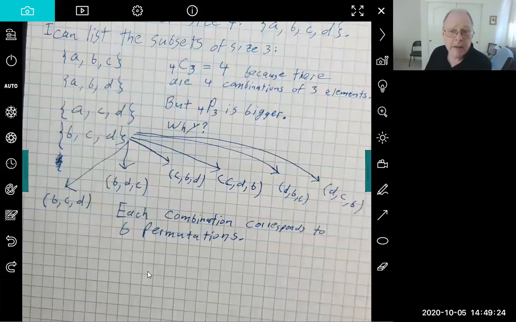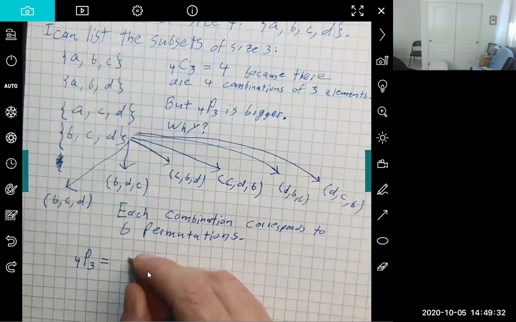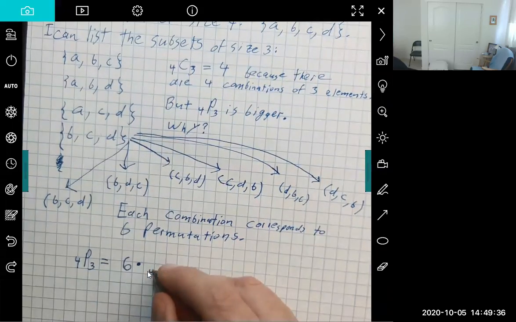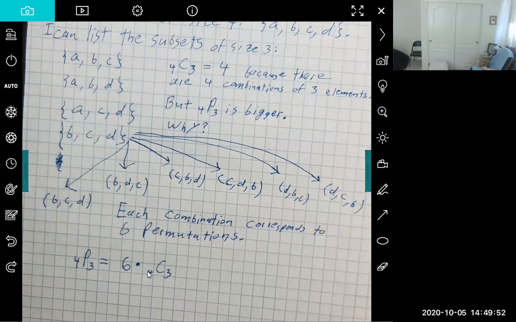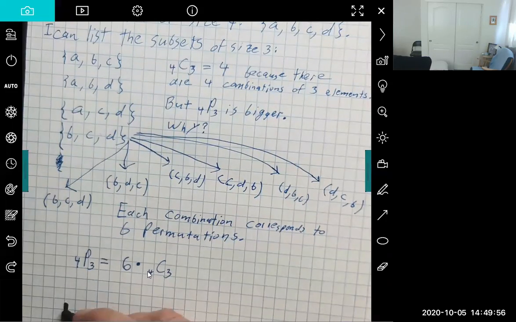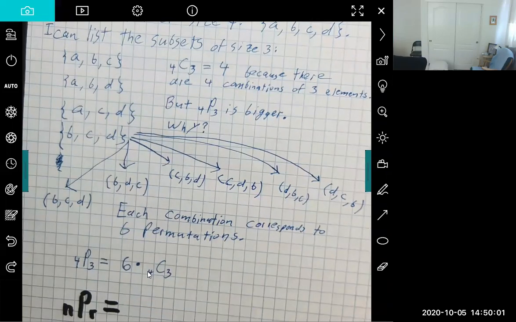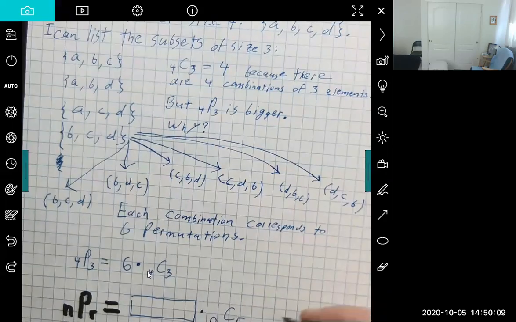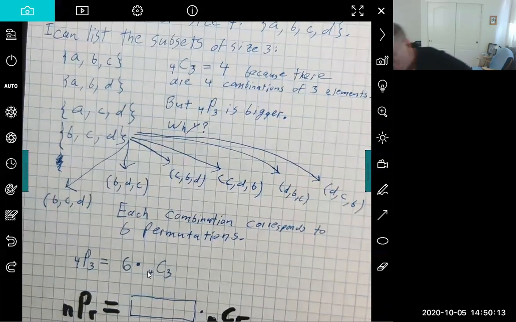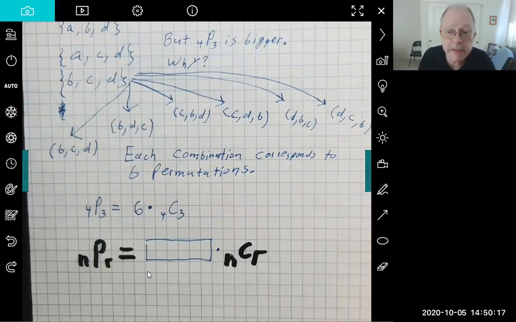Okay, so 4P3 is 6 times 4C3. There were 4 combinations, but 24 permutations. So the number of permutations is going to be some number times the number of combinations.